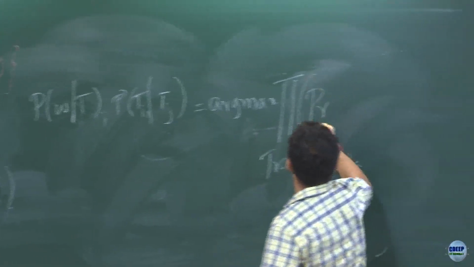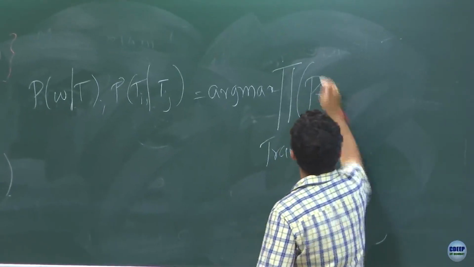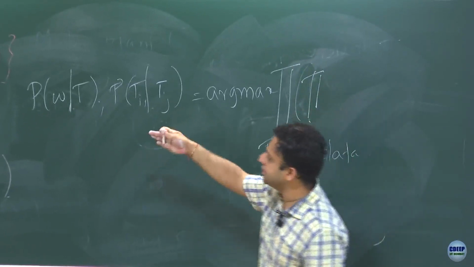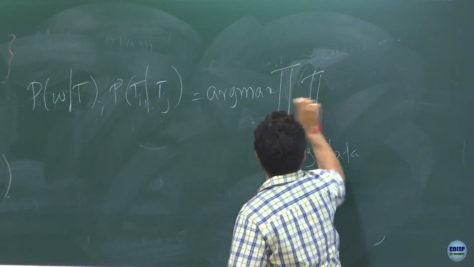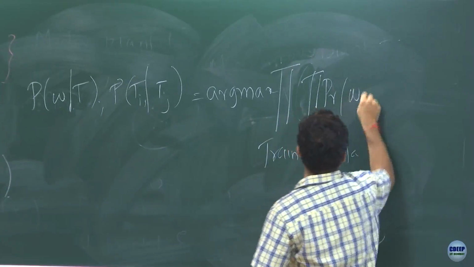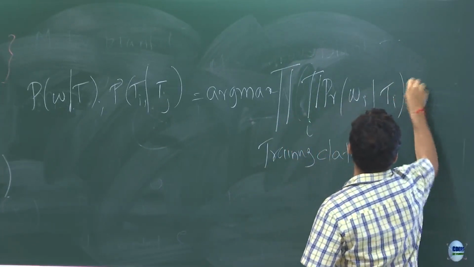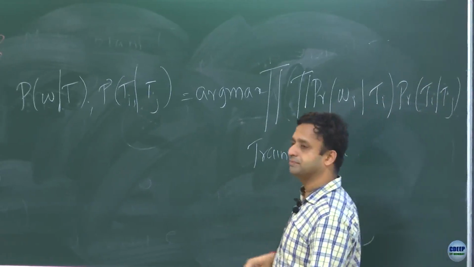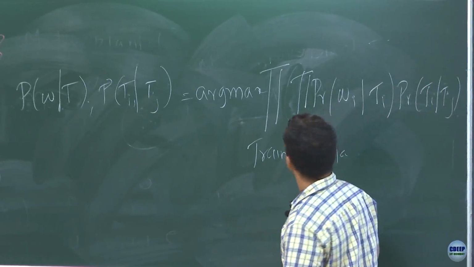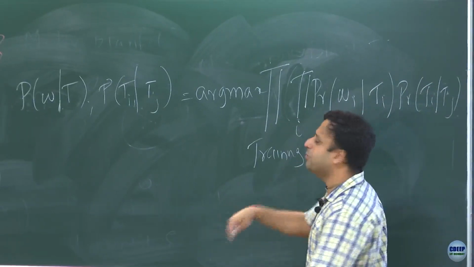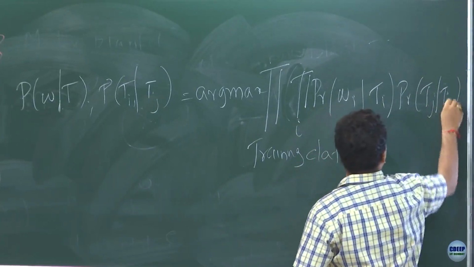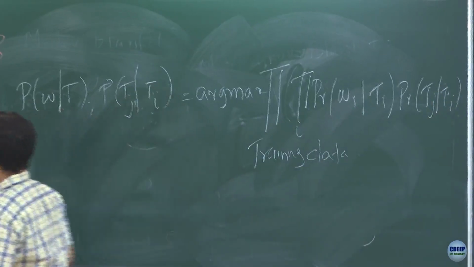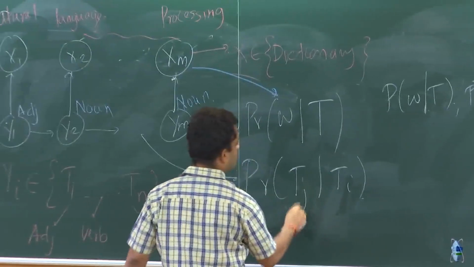of the probability for each training example, a product over all the nodes in that graph of the probability of Wi given Ti and the probability of Tj given Ti. If you are going from Ti to Tj, you write it as Tj given Ti.